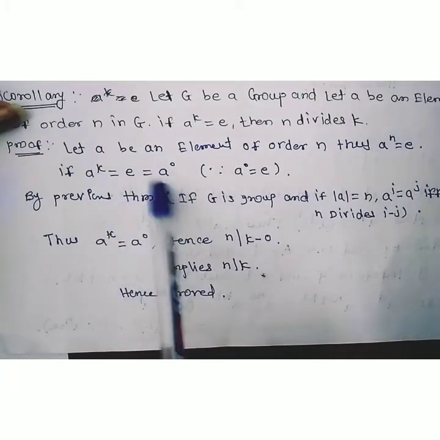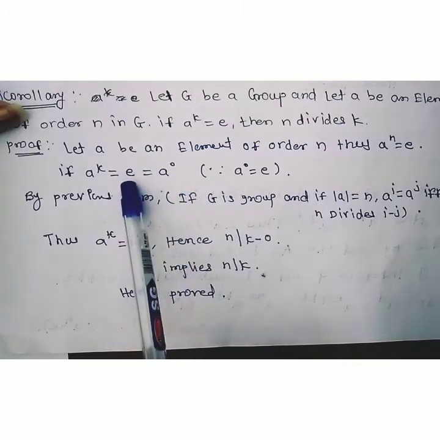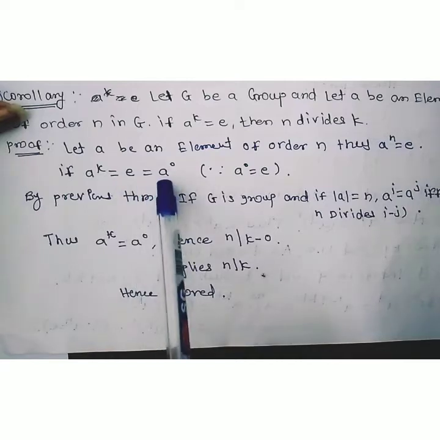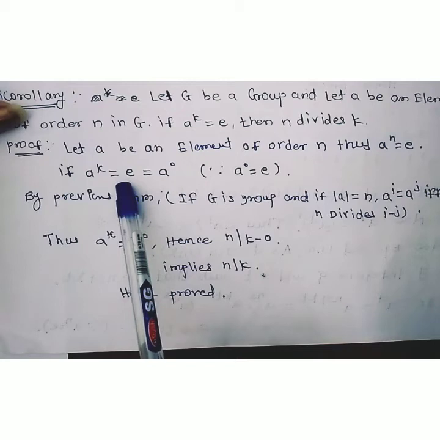Also we know that A to the power 0 is equal to 1, and 1 is nothing but the identity in the group G. Therefore A raised to 0 is equal to identity.